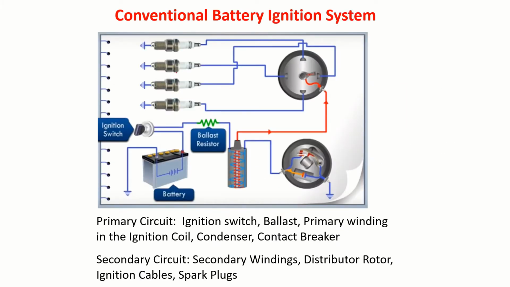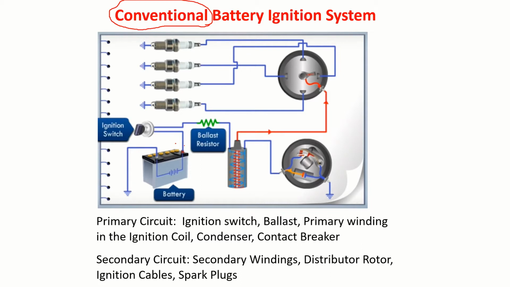Now this is what we call the battery ignition system, the conventional one, because nowadays a lot of technological developments have happened, and in this traditional system many changes have occurred. Anyway, let us understand first the conventional battery ignition system.